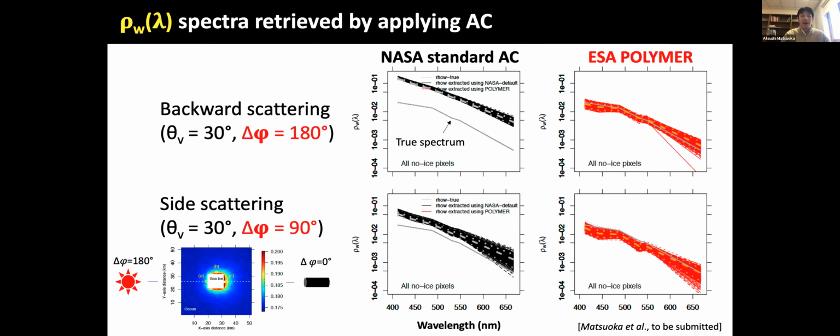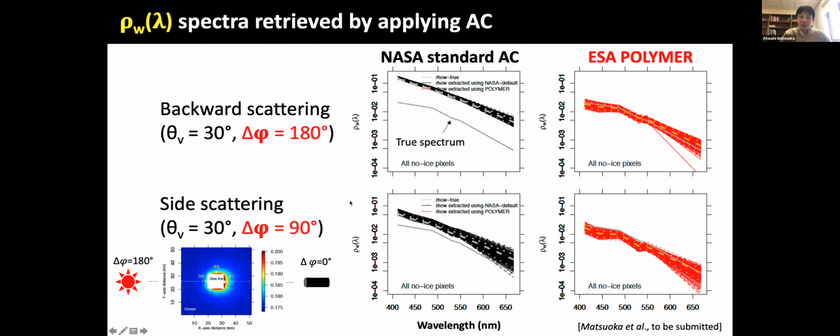Now we apply the two atmospheric correction algorithms to the top of the atmosphere reflectance. These are the results. The black line represents retrieval of water reflectance using the NASA standard atmospheric correction, whereas the red lines represent results using the ESA standard, Polymer, at the two different geometries.